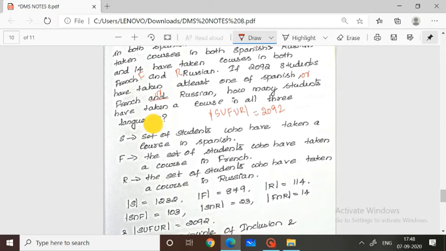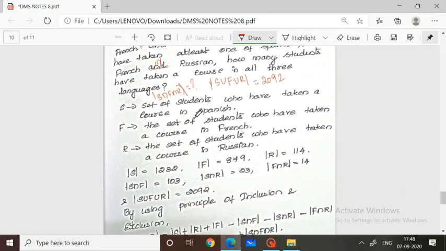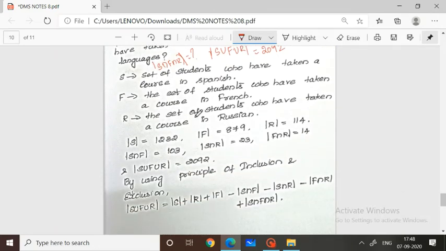That means you have to find the number of elements in S intersection F intersection R. So let us take S denotes Spanish, F denotes French, R denotes Russian. Therefore the number of elements in S is 1232, F is 879 and R is 114. S intersection F is 103, S and R is 23, F and R is 14, and S union F union R is 2092.